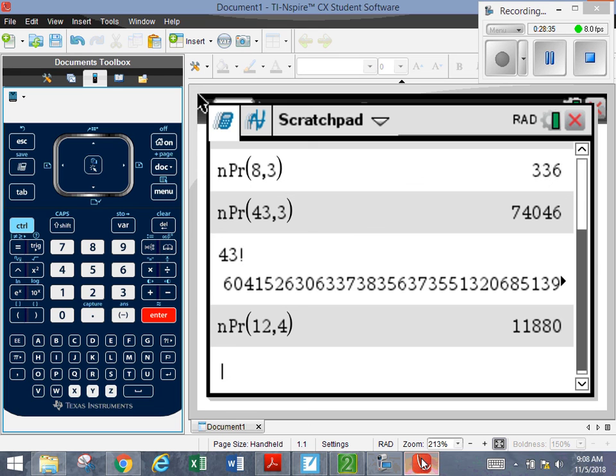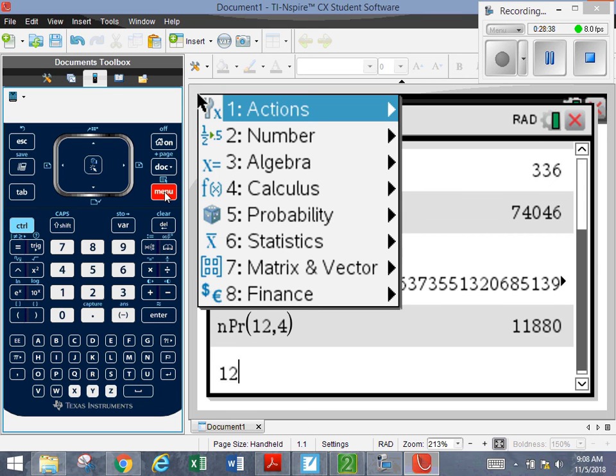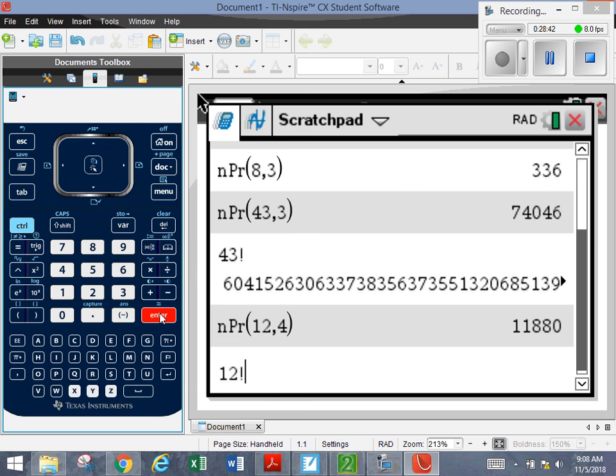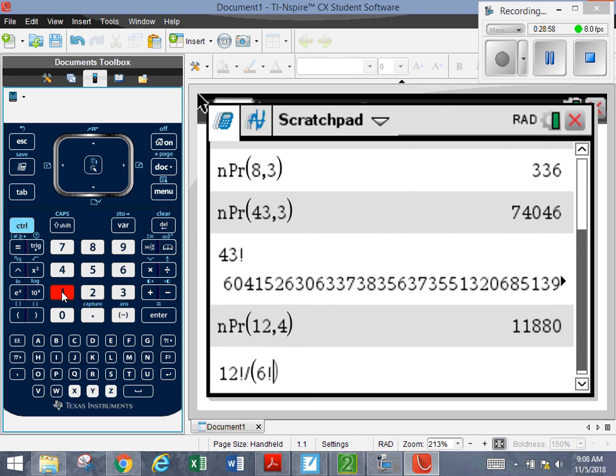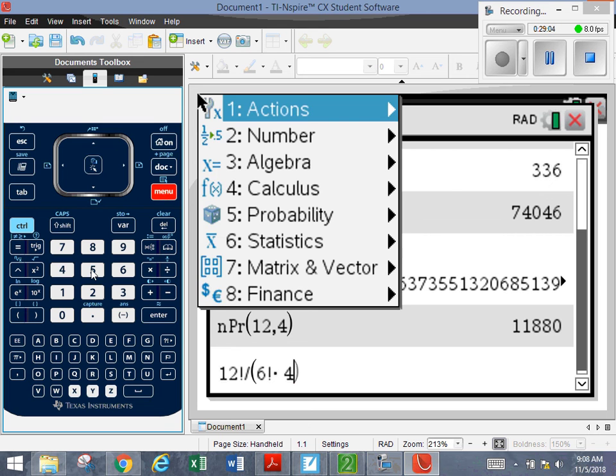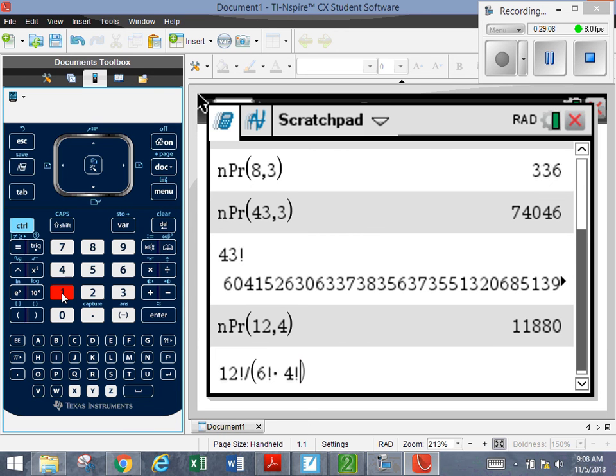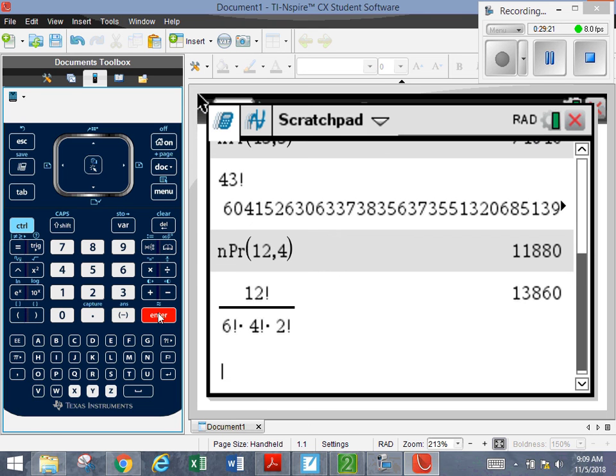But rather than do that, let's go. 12 factorial divided by, and we're going to put this in parentheses, 6 factorial times 4 factorial times 2 factorial. It's 13,860.